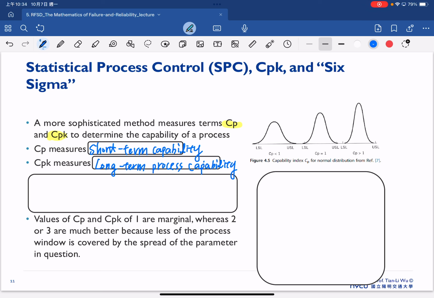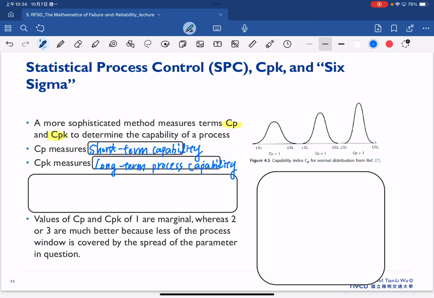So there's a mathematics considering these two terms, where CP is equal to UCL minus LCL over 6 sigma, and CPK is equal to CP times 1 over K here.